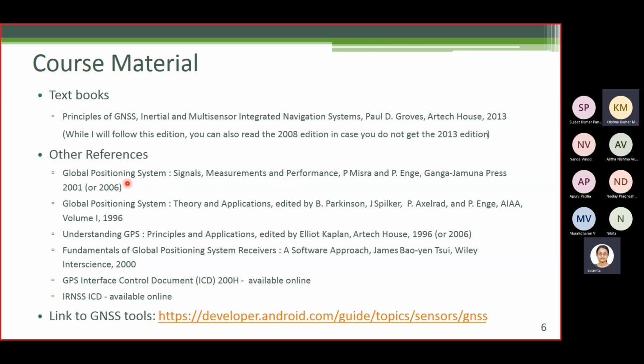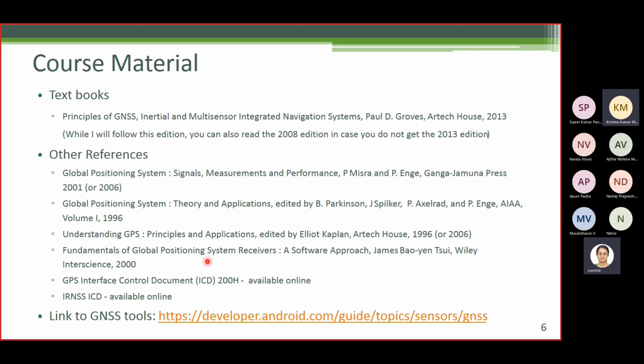Then there are other references also. This is a very good book for a beginner. It describes things in an easy manner, and the other books are also good to get.